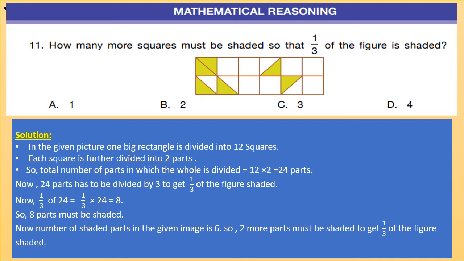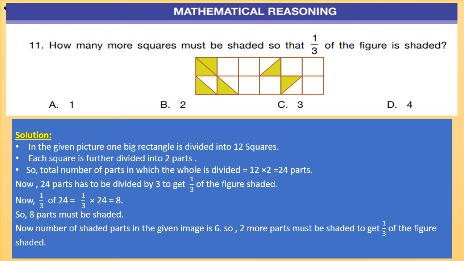So the total number of parts in which the whole rectangle is divided is 12 into 2, 24 parts. Now 1/3 of 24 is 1/3 into 24 equals 8. So 8 parts must be shaded to get 1/3 of the area shaded.